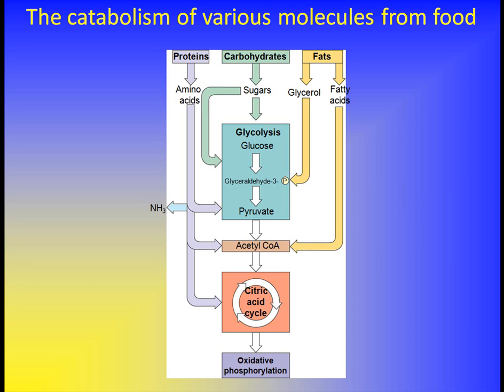However, we can get energy from other food sources, like proteins and fats. If we look at fats, for example, remember our triglycerides contain one glycerol molecule and 3 fatty acids.